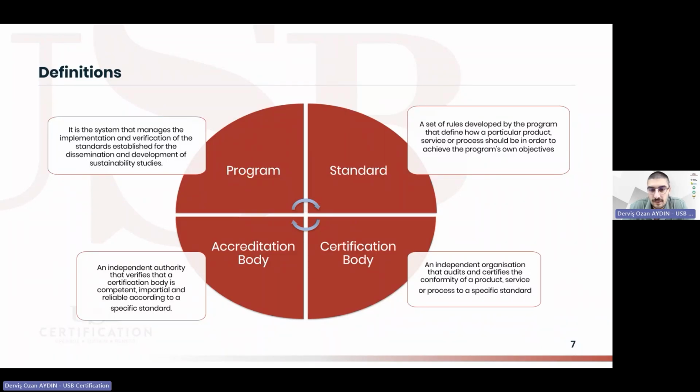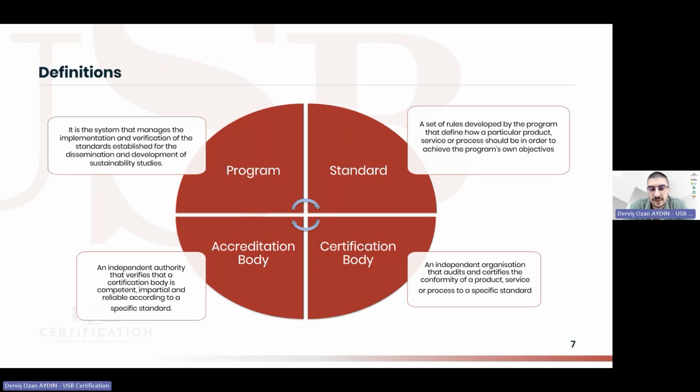When we are talking about standards, which are issued by the programs, a standard means a set of rules developed by the program that define how a particular product, service, or process should be in order to achieve the program's own objectives. Certification bodies are independent organizations that audit and certify the conformity of a product, service, or process to a specific standard.